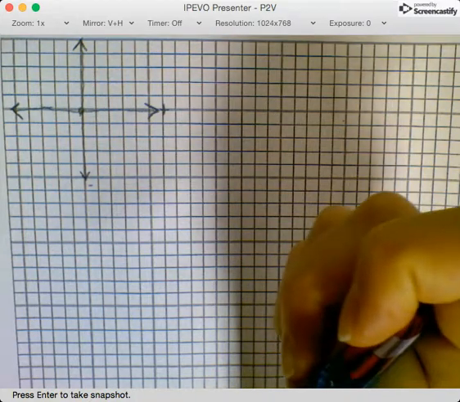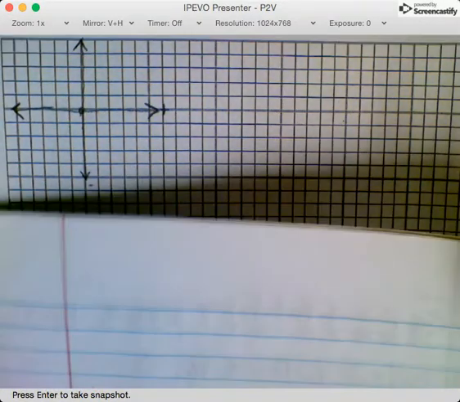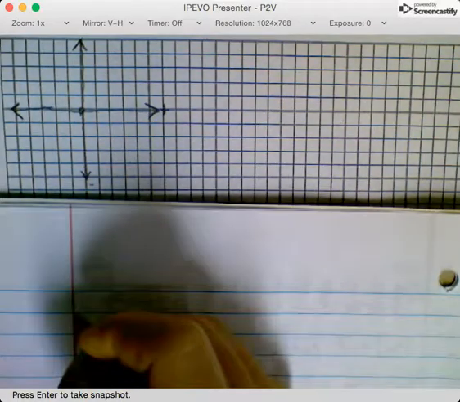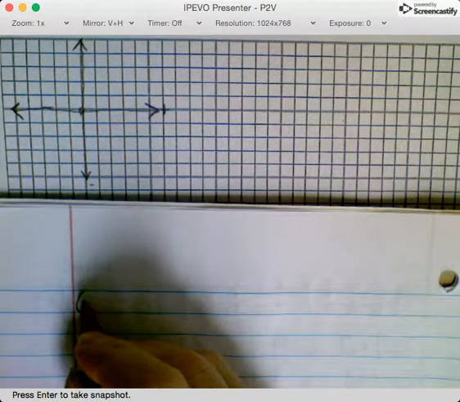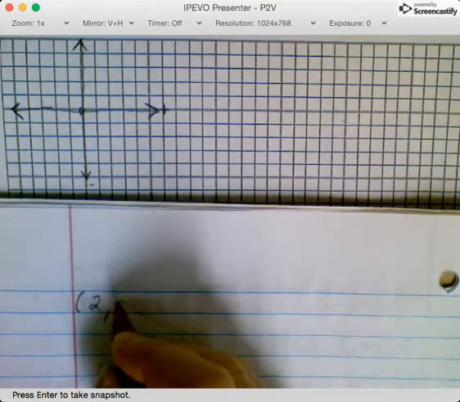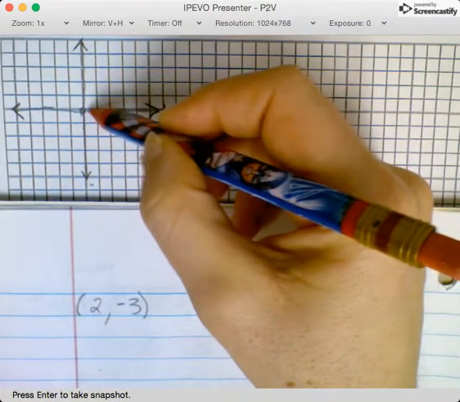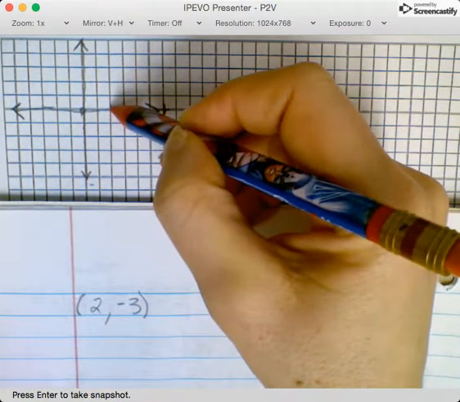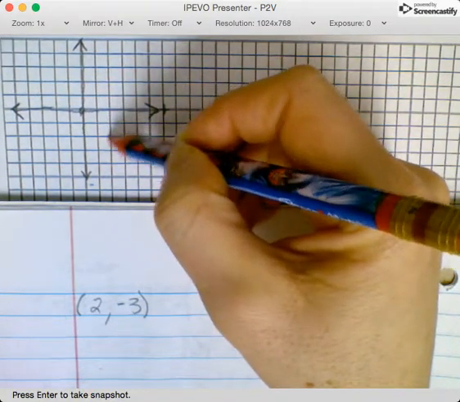All right, so let's do a few examples. I'm going to write some numbers on here and we'll plot them. If I had (2, -3), then I would go to the right first: 1, 2. -3 means I go down: 1, 2, 3.